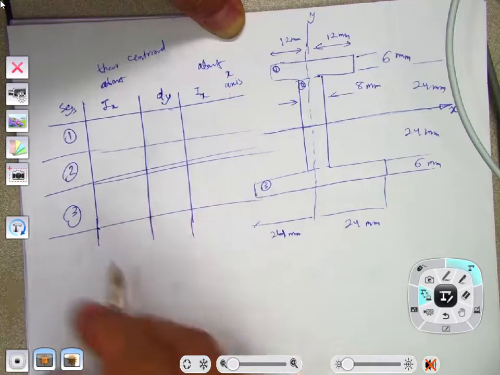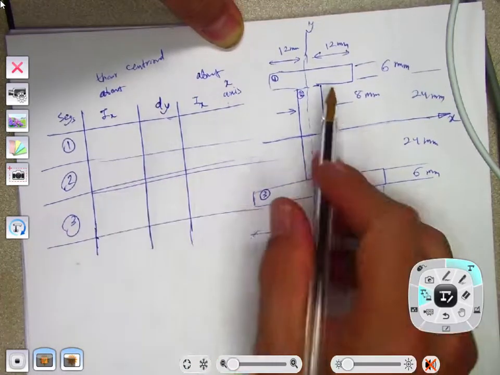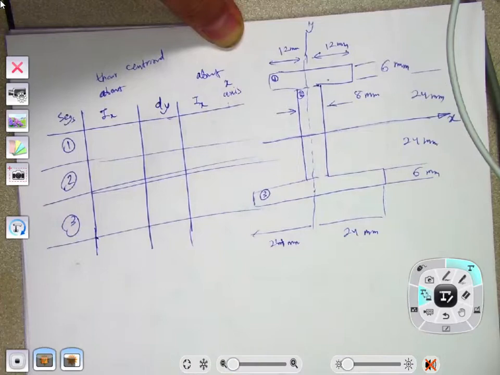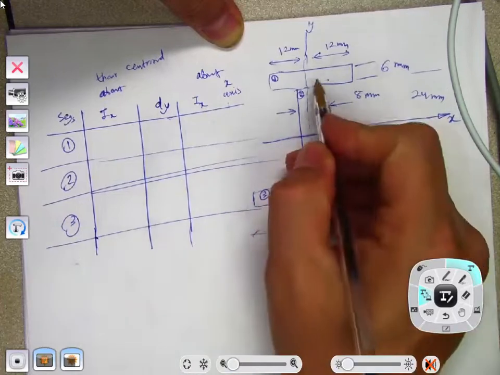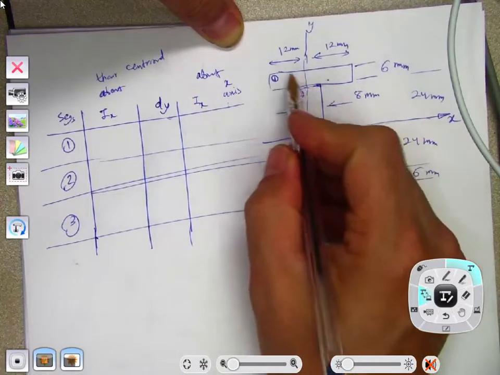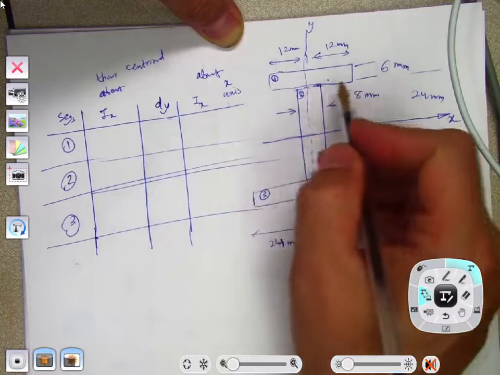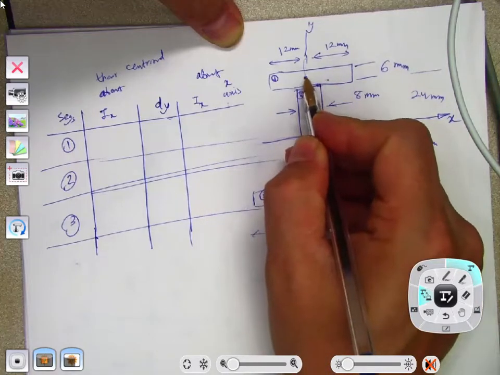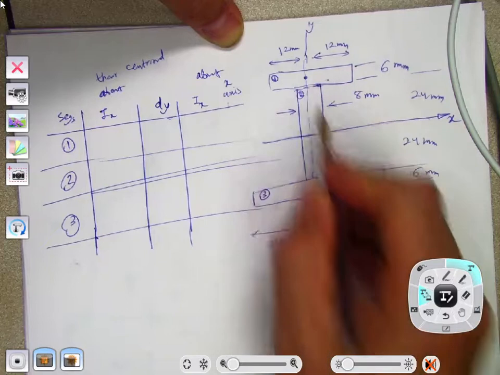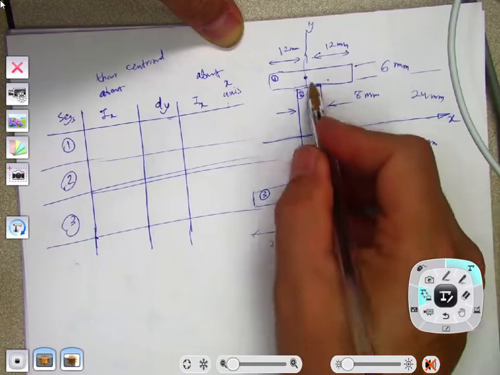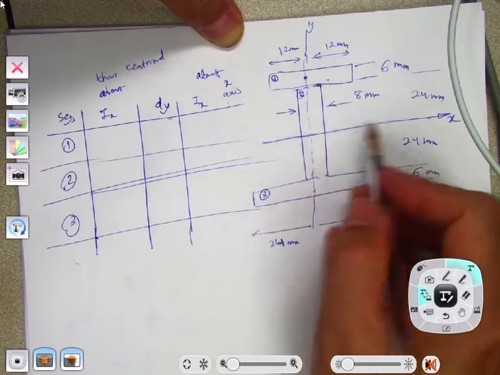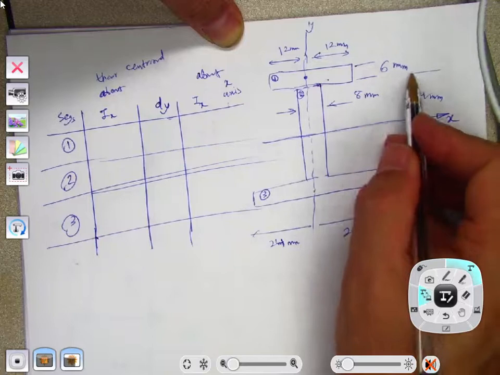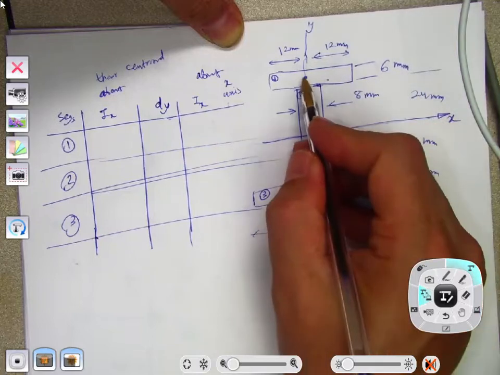Okay, so let's look at segment 1. Segment 1 is this one. It is a rectangle, and its centroid is located here, right? So what is the distance between its centroid and the x-axis? It is this distance, 24 plus another 3, 27.